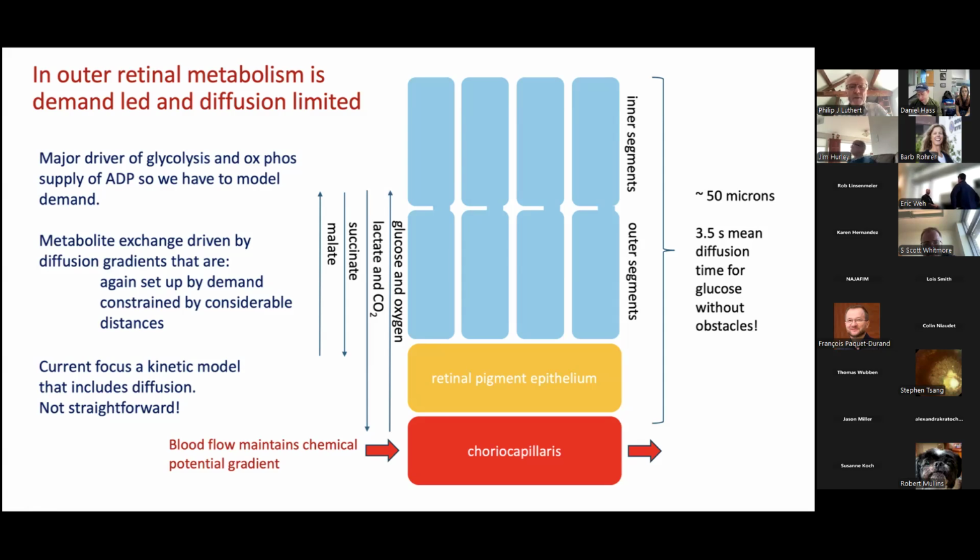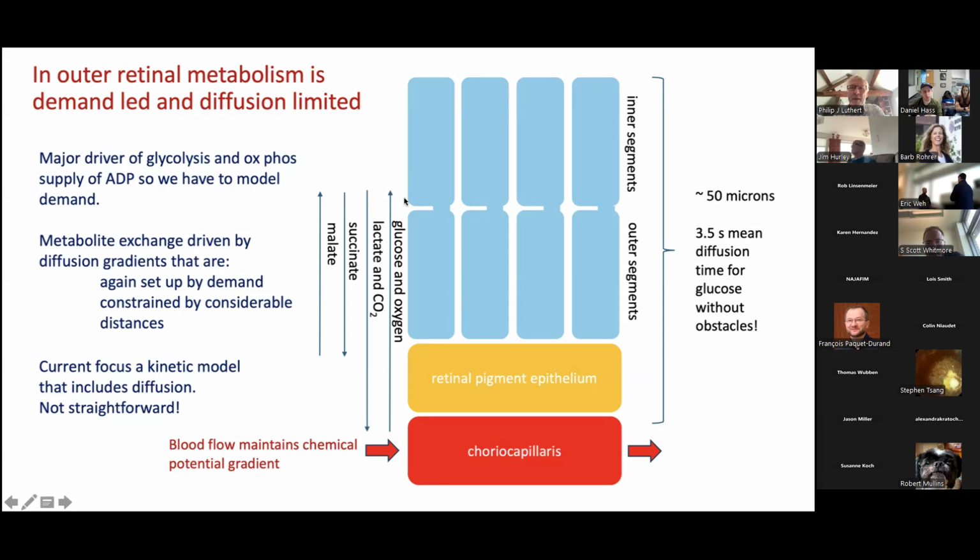So the diffusion gradient between the circulation and the tissue gets larger if a metabolite is being consumed at a greater rate and its concentration is dropping. And of course, this is an exquisite problem, not unique, but an exquisite problem at the back of the eye, because we've got these really significant distances.